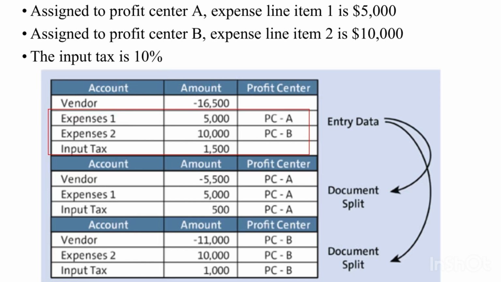Assigned to profit center B, expense line item 2 is $10,000. And the input tax is at a tax rate of 10%. I have this section highlighted in a red rectangle to let you know that's what I'm talking about there. This is the invoice that we received from the vendor from us ordering our product.